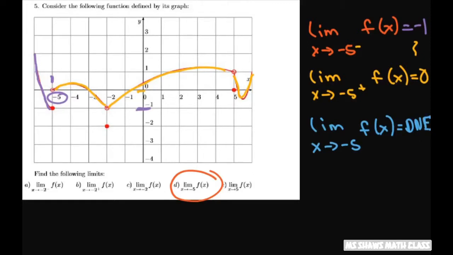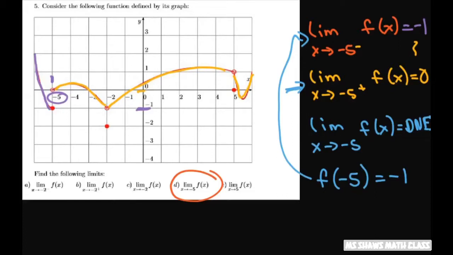Okay? And again, if I said, what is f of -5? You would say that is -1. So it matches one of the limits, but it doesn't match our right-sided limit.